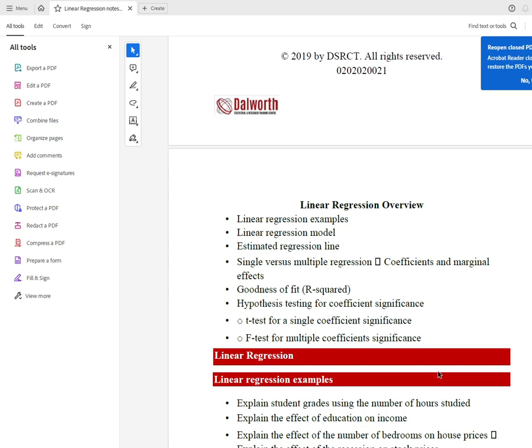You can use educational income, I think is the case we're using now. Then, of course, a common one is real estate. The number of bedrooms will always determine the price of a house, unless otherwise. And then you can also talk about stocks and recession.